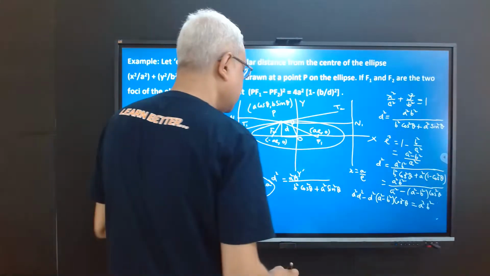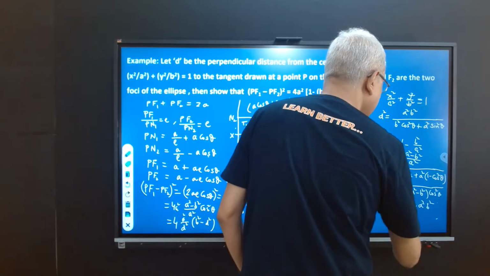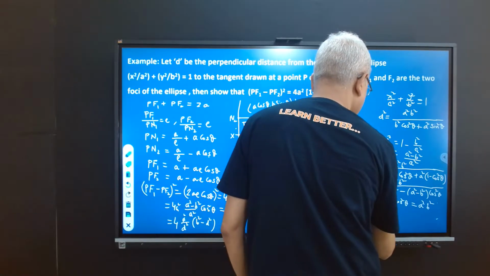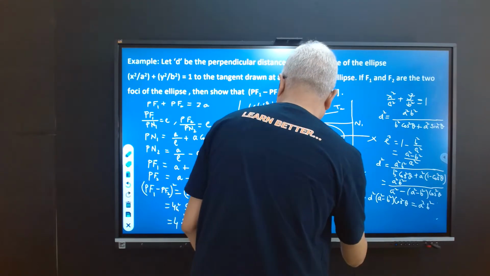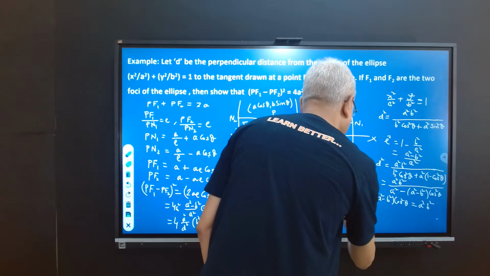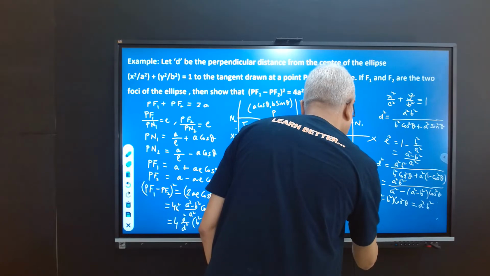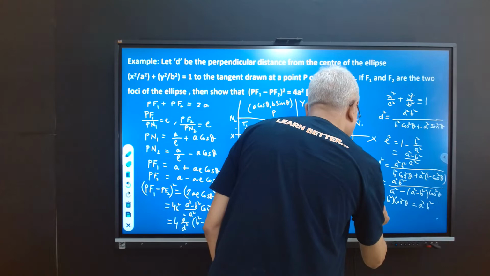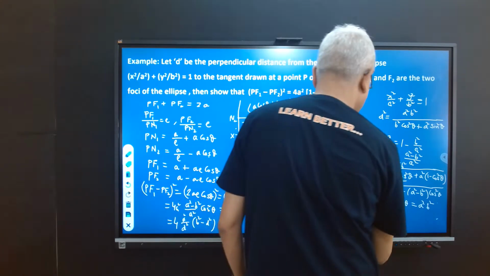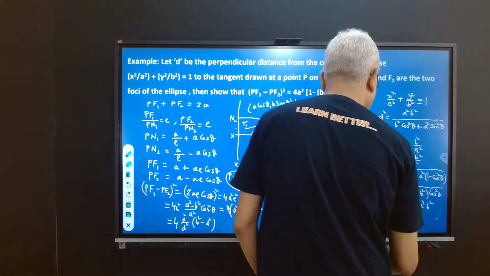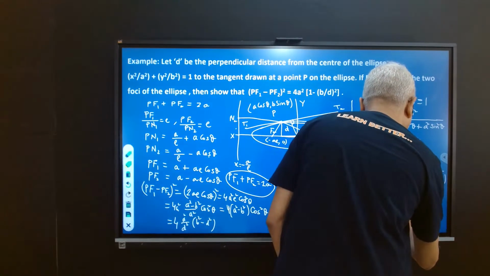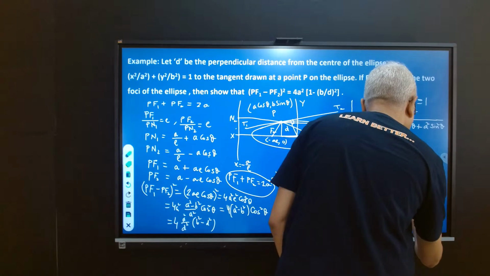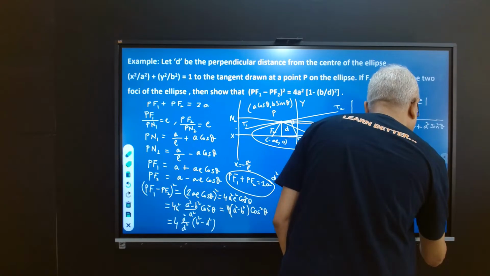So if I divide by d square, so what is happening? I can write d square times (a square minus b square cos square theta) is equal to a square b square minus a square b square.